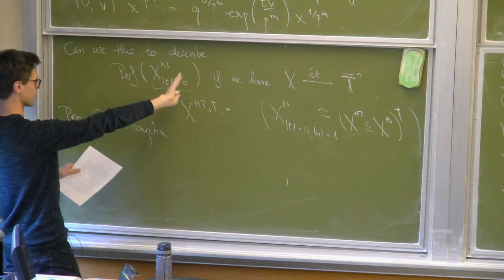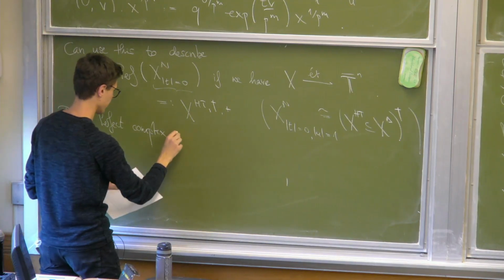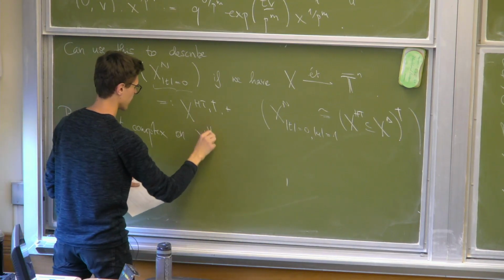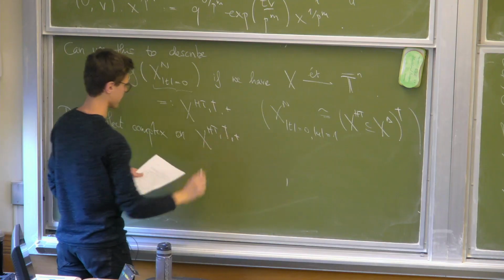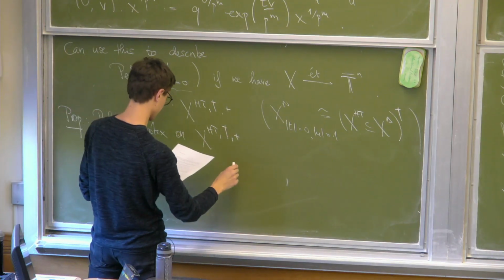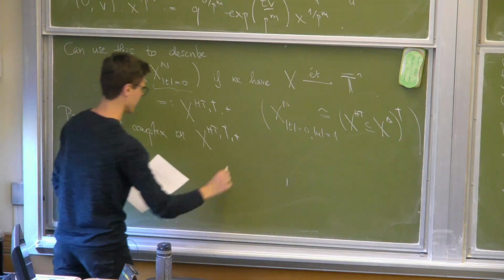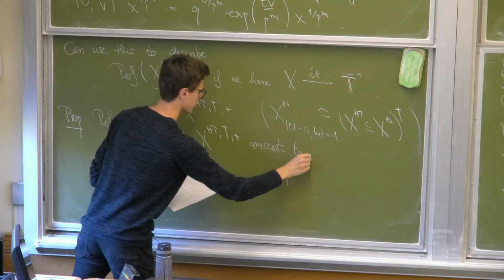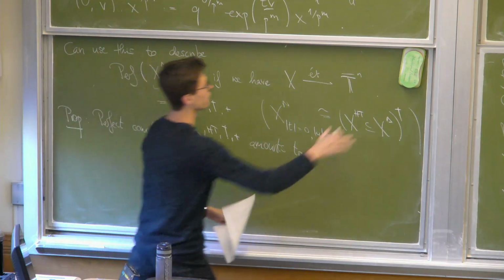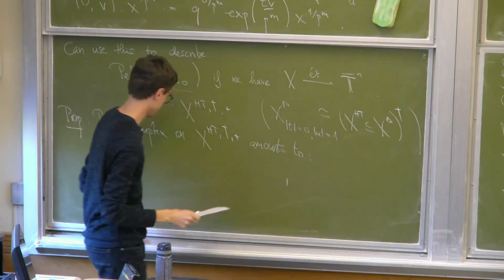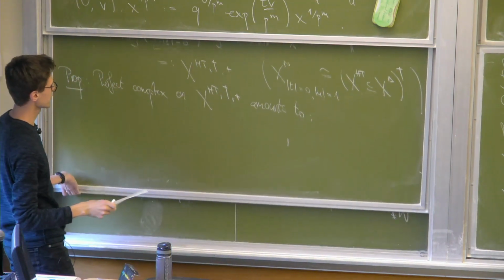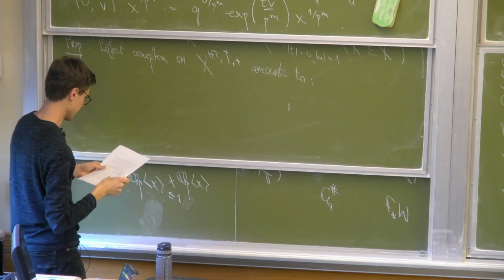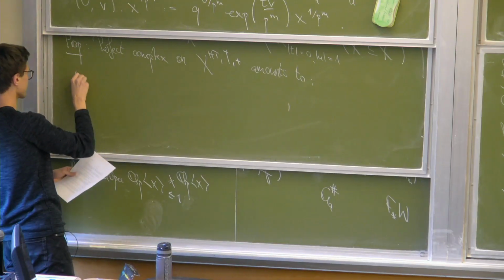So putting myself in this situation where I have a toric chart, I can make the data of a perfect complex on this X hot state dagger plus very explicit. And it amounts to the following data.